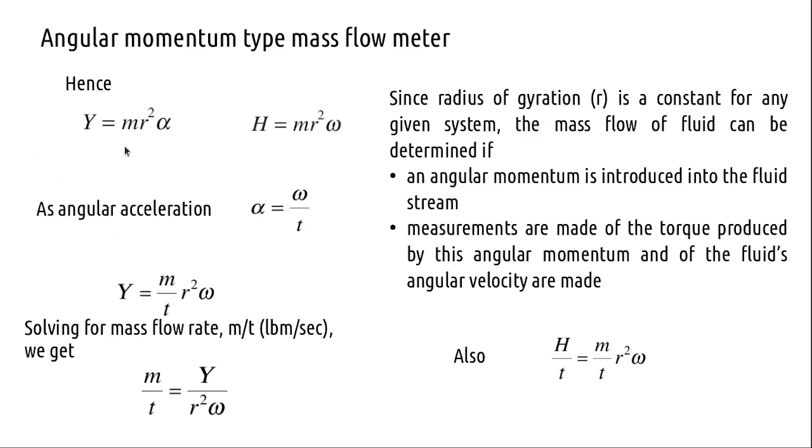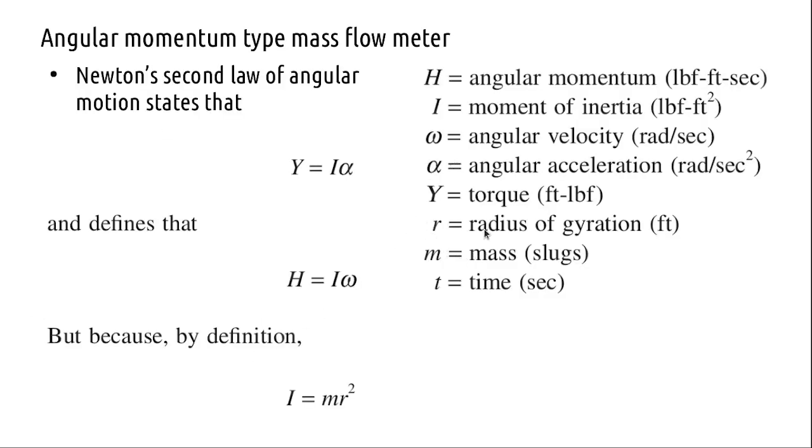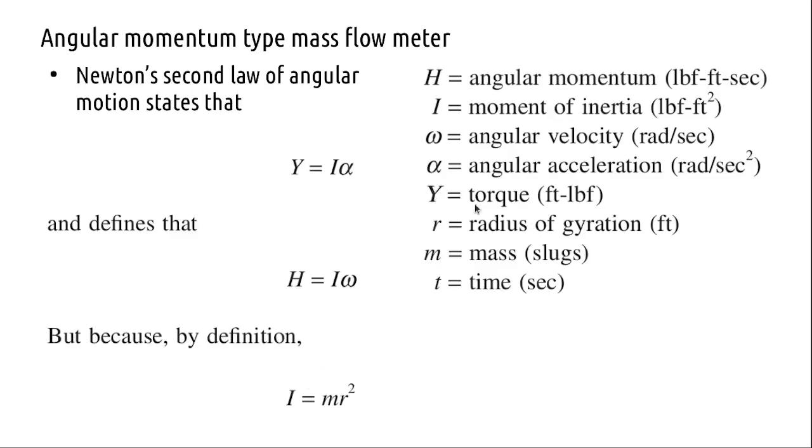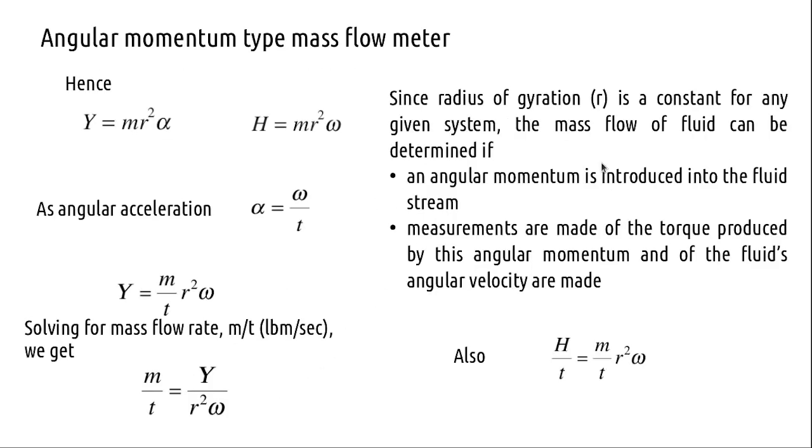Substituting it, we got this expression, and finally we have mass flow rate in terms of the torque, the radius of gyration and angular velocity. So the idea is that you give an angular momentum to the fluid, and then you measure the torque. Radius of gyration is constant for that particular system, so you will be getting the mass flow rate.